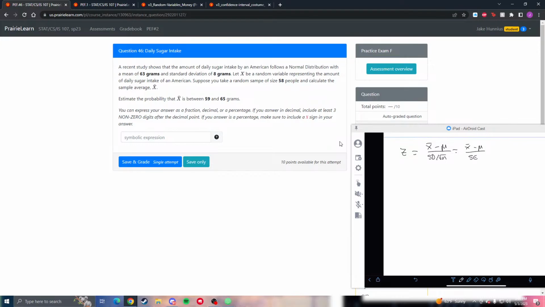So first, let's calculate our standard error. It's 8 over the square root of 58, which gives us 1.05045143. Now we do X bar, so 59 minus our population mean, which is given to us up here as 63, over our standard error of 1.05045143.